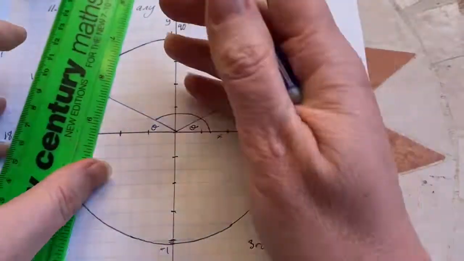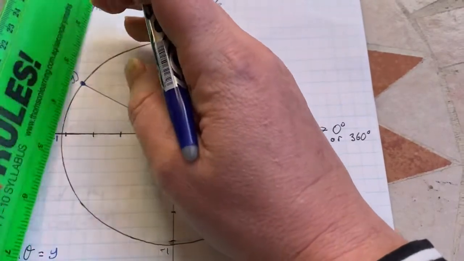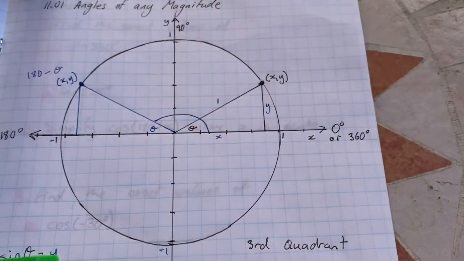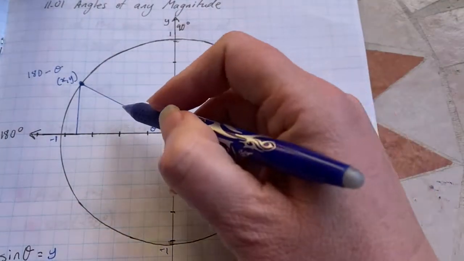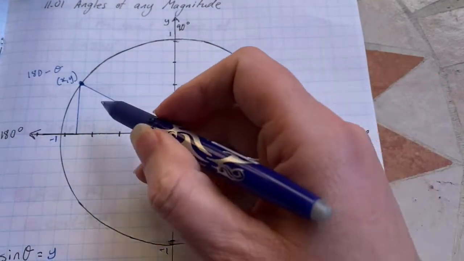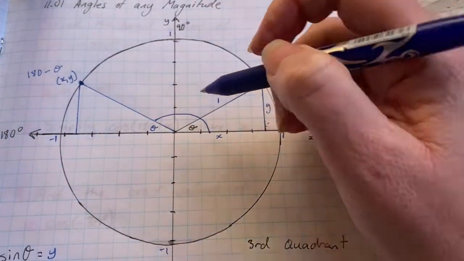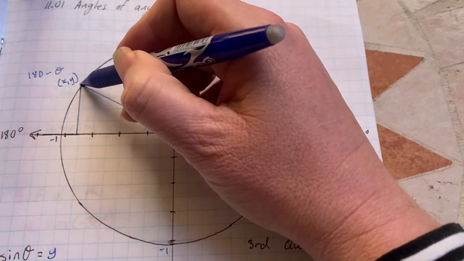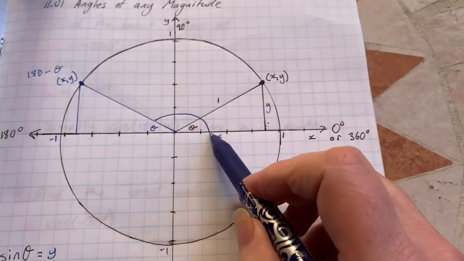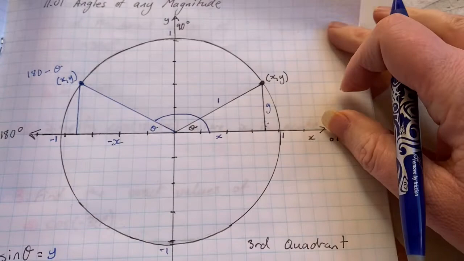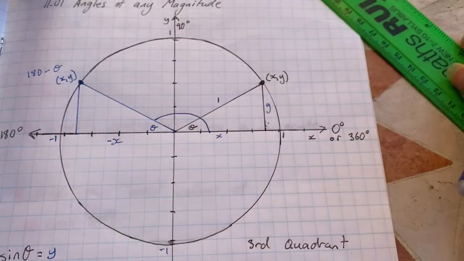So let's look at what those x and y coordinates are. So if I go straight down here, now those two triangles are exactly the same. They're the same size, they're just drawn in a different place. So this y here is equal to that y there. This x here, well, in that direction it's going to be negative x because we've gone into the negative quadrant.